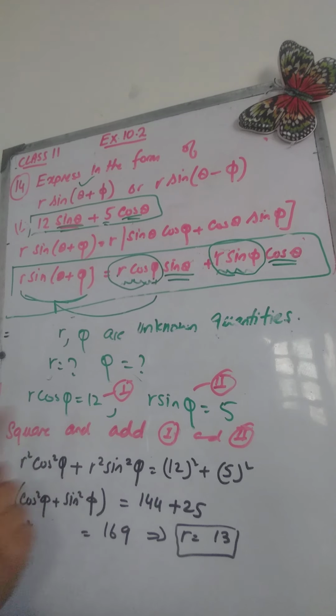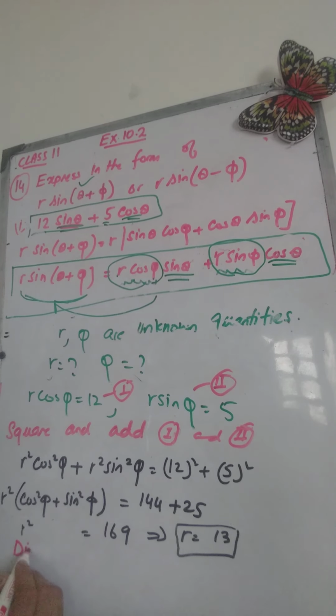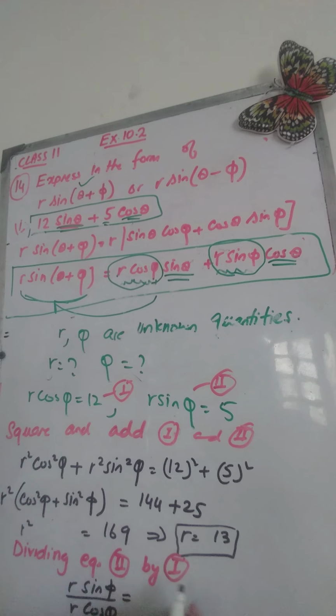Now we want to find the value of phi. In order to find the value of phi, I am going to divide equation 2 by 1. Dividing equation 2 by 1, what do we get? r sine of phi over r cos of phi is equal to 5 over 12.